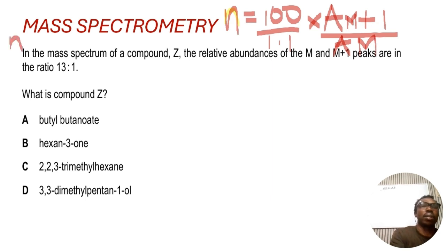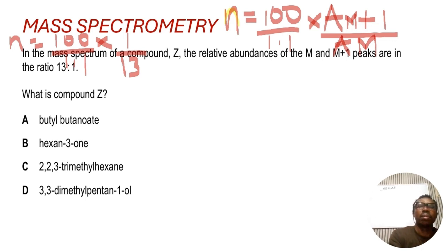So the number of carbon atoms will be equal to 100 times the abundance of the M plus 1 peak, which is 1, divided by 1.1 times 13, which is the abundance of the molecular ion peak.